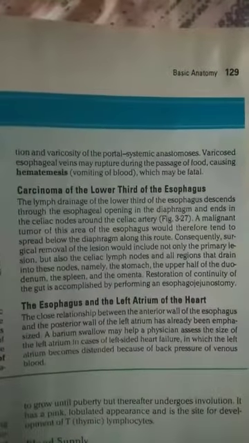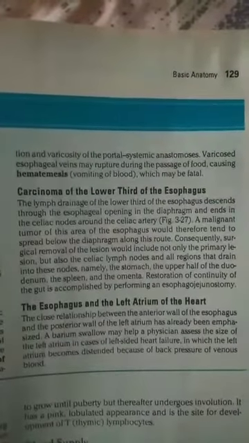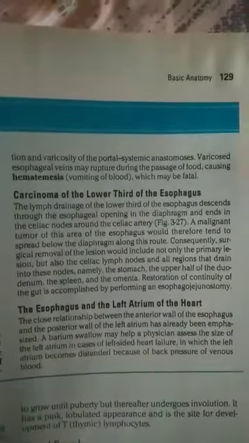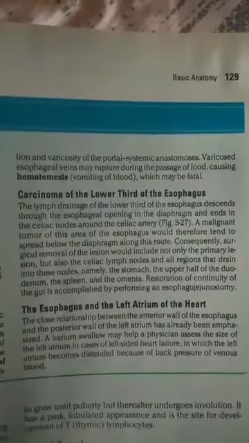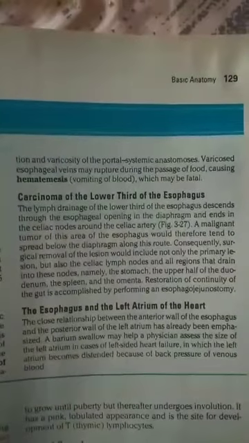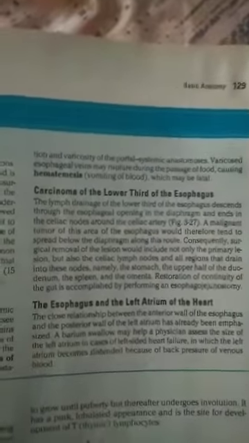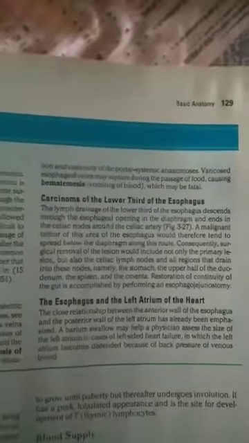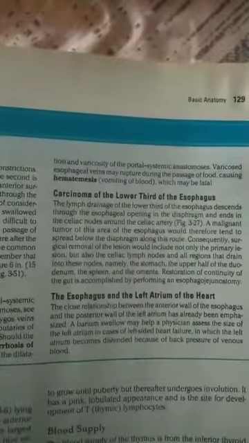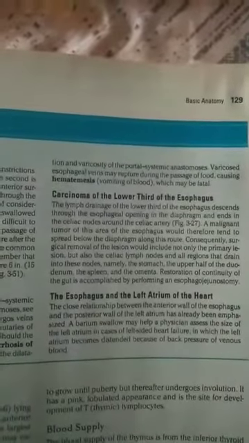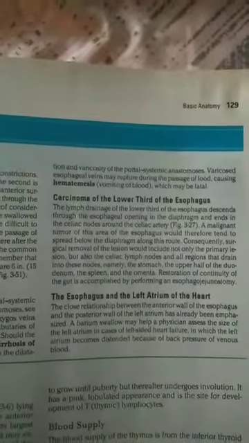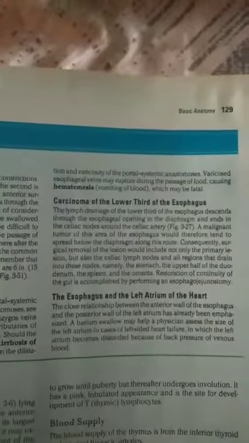Consequently, surgical removal of the lesion would include not only the primary lesion but also the celiac lymph nodes and all regions that drain into these nodes, namely the stomach, the upper half of the duodenum, the spleen, and the omenta. Restoration of continuity of the gut is accomplished by performing an esophagojejunostomy. So that's the video.